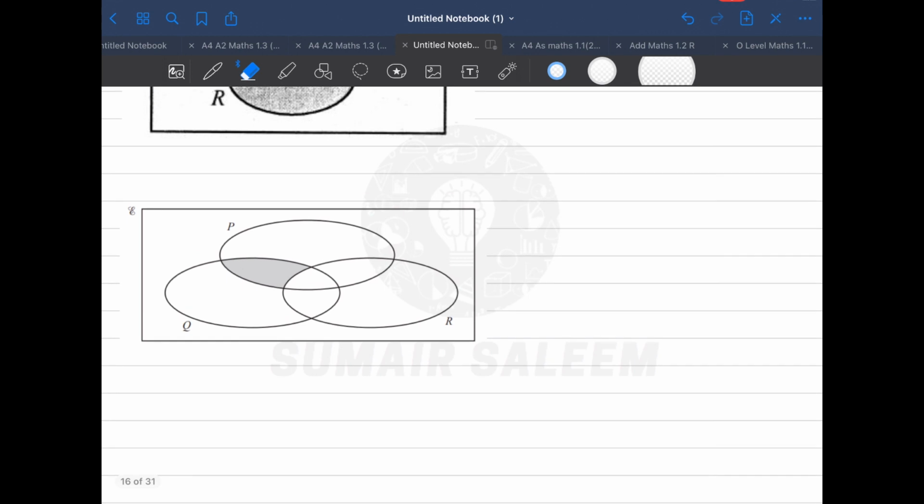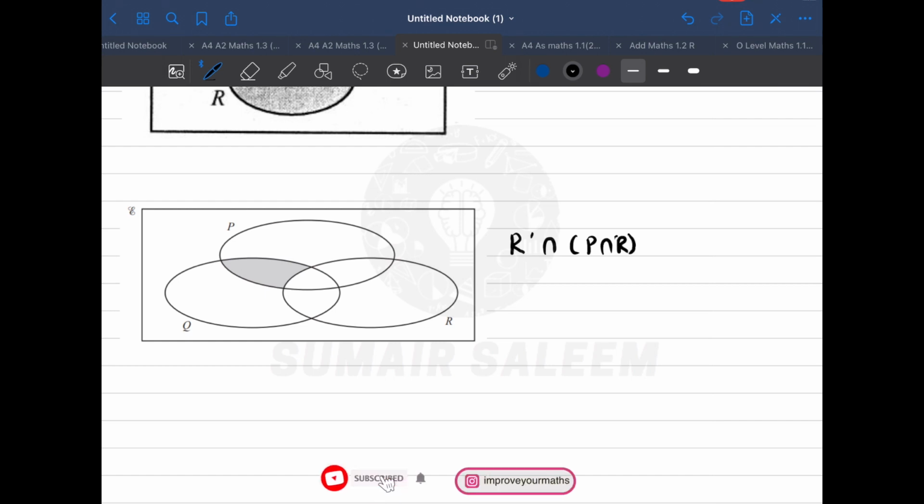This is the last question we'll be doing. I can see it's everything outside R. So R complement intersection P intersection Q. That's what I can see, because the shaded region is in the middle of P and Q, but it's outside R. Let's recheck. How will you recheck, guys?